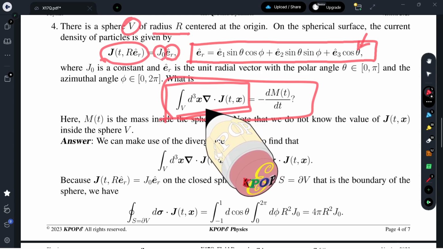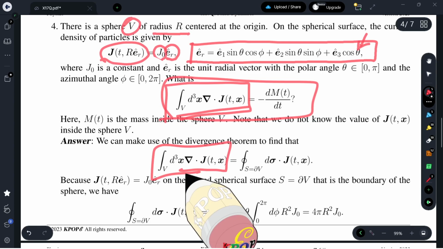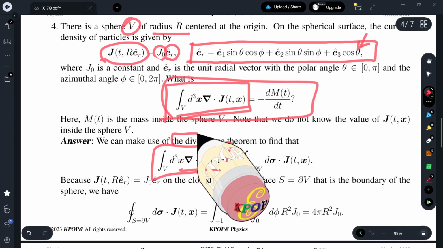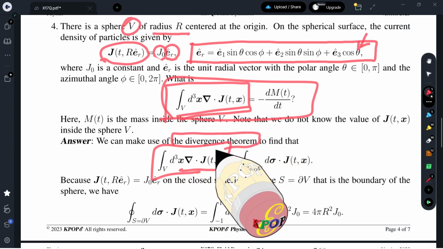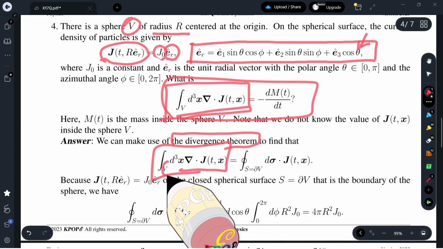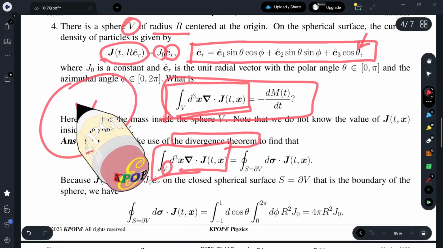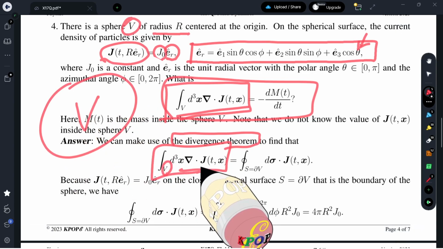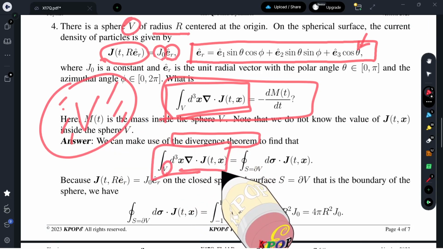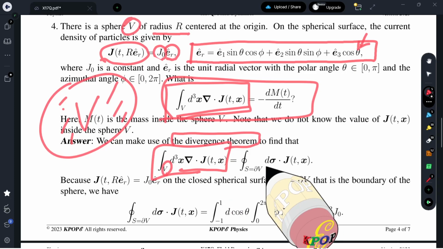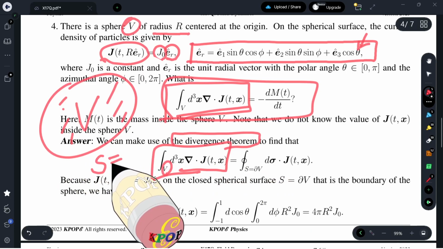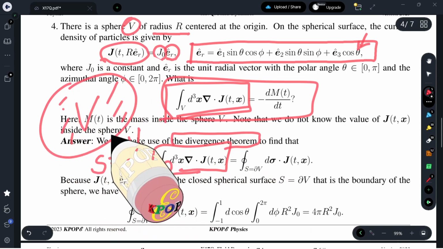However, even if we do not know this integral, we can make use of the identity called the divergence theorem. The divergence theorem states that the volume integral of the divergence, computed at every point inside this volume, is the same as d sigma dot J integrated over the closed surface that is the boundary of this volume.